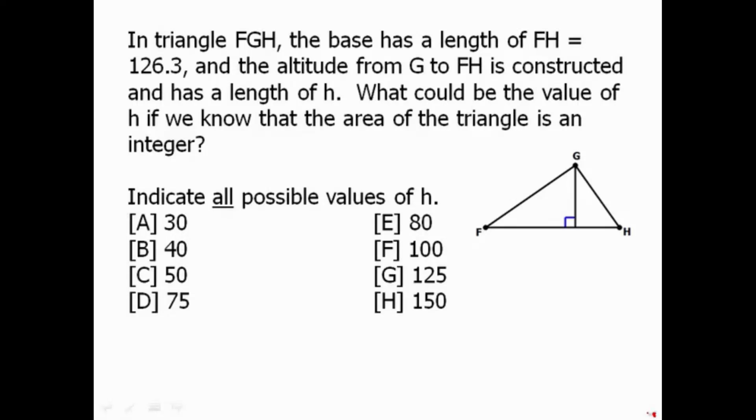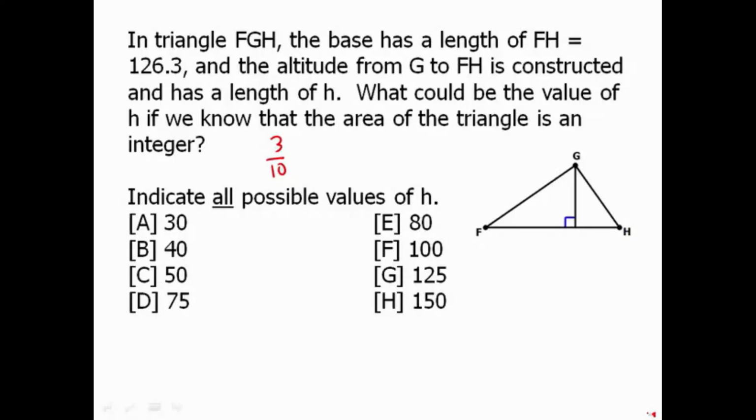Okay, so this is a very interesting one. We want the area of the triangle to be an integer. Well, of course, any integer times 126 would be another integer, but it's 0.3 or 3/10, that's the issue. That has to be multiplied by either 10 or a multiple of 10.